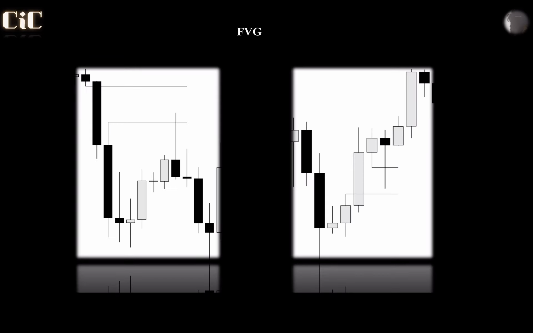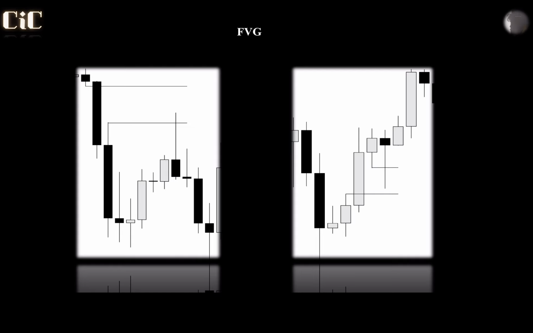FVG. An FVG is a 3-candle pattern which indicates one-sided heaviness in any given market. It means the market makers are pushing price low so quickly, and are in such a hurry to go down to attack a certain target, that they're leaving these gaps in the market.